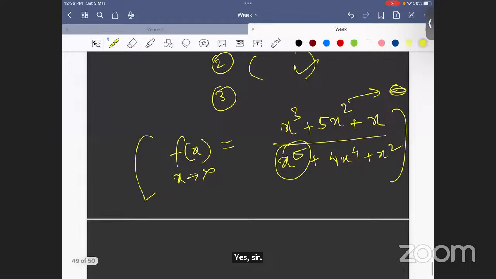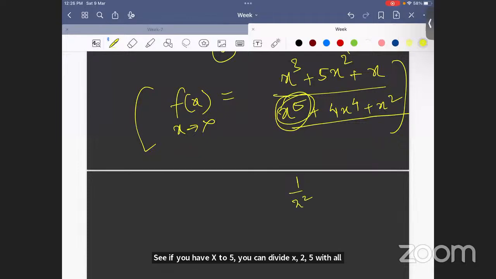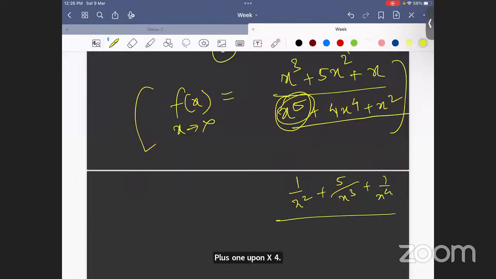For this function, you can directly see that. So the basic approach means what? If you have x to the power 5, you can divide all the terms by x to the power 5. Then you are left with 1 upon x squared plus 5 upon x cube plus 1 upon x^4 on top, and on the bottom 1, then 4 upon x plus 1 upon x cube.